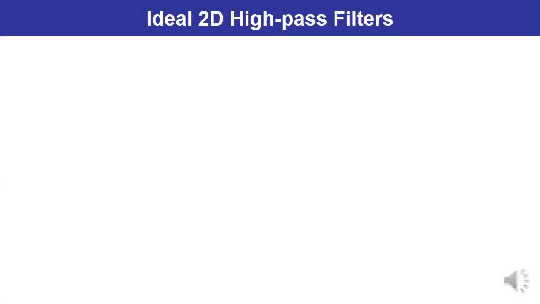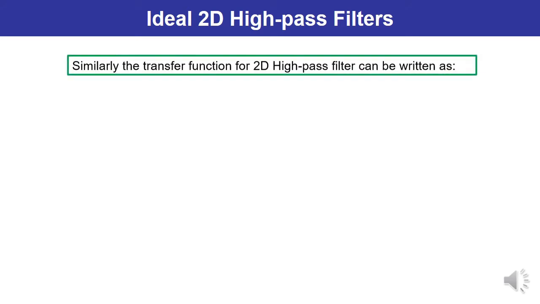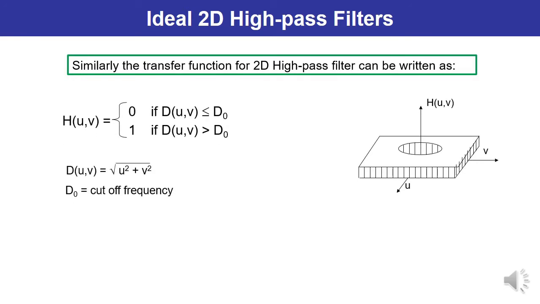Ideal two-dimensional high pass filter. You know the images you are studying are two-dimensional, f of x comma y, where x and y are the spatial coordinates. So accordingly the transfer function for the two-dimensional high pass filter can be written as H of u,v, which is 0 if the value of D of u,v is less than or equal to D0, and 1 when it is more than D0.